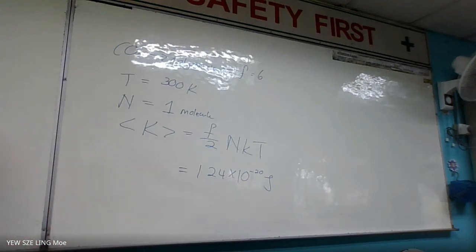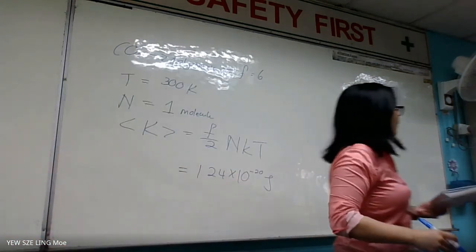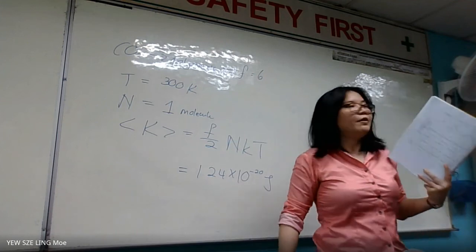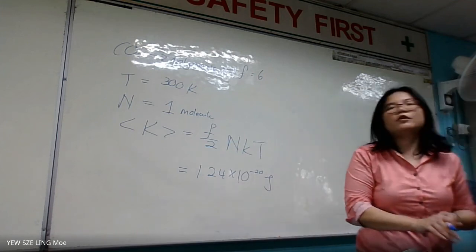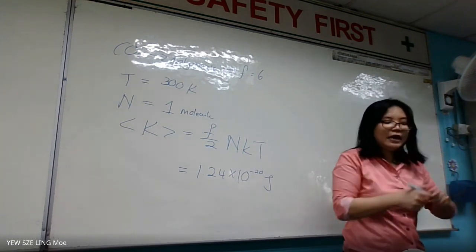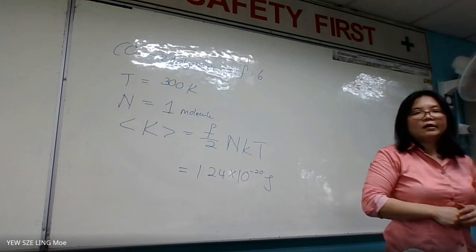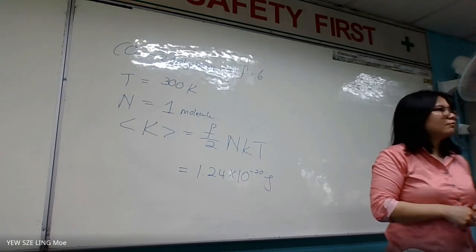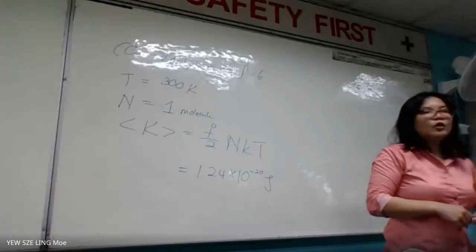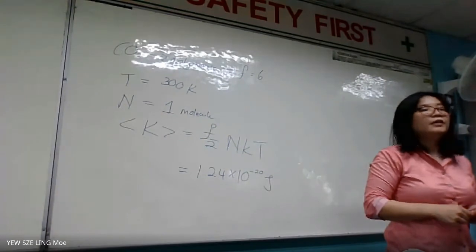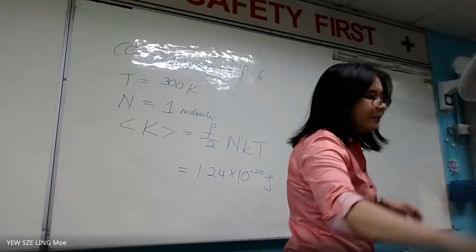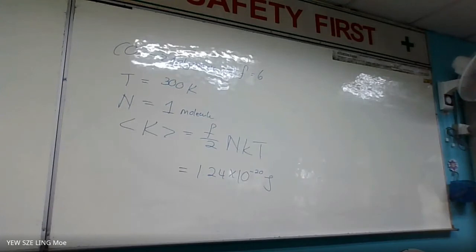Question 2 is exactly the same as question 1. I will leave it to you. I give you 3 minutes to solve question 2 by yourself. You just have to know which type of atomic helium belongs to and which type N2 is. So helium is mono, poly or di? It is monoatomic. Then how about N2? Diatomic. Good. So you know the types of atomic already. Now you can solve question 2, exactly the same as question 1. You are just testing whether you understand what type of atomic it is. So 3 minutes for you to solve questions 1 and 2.